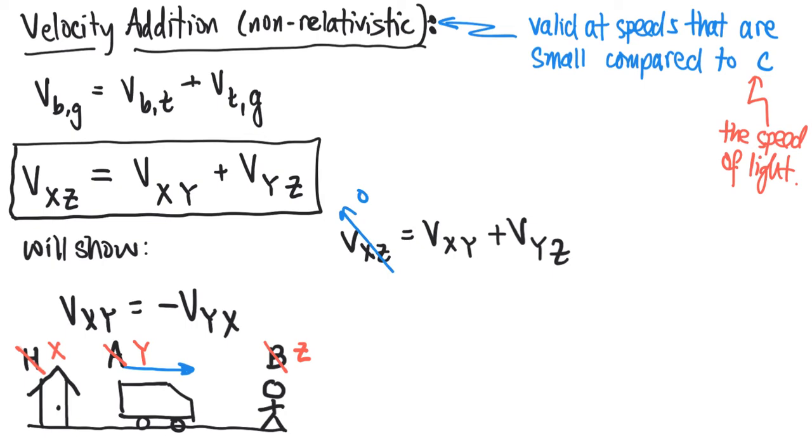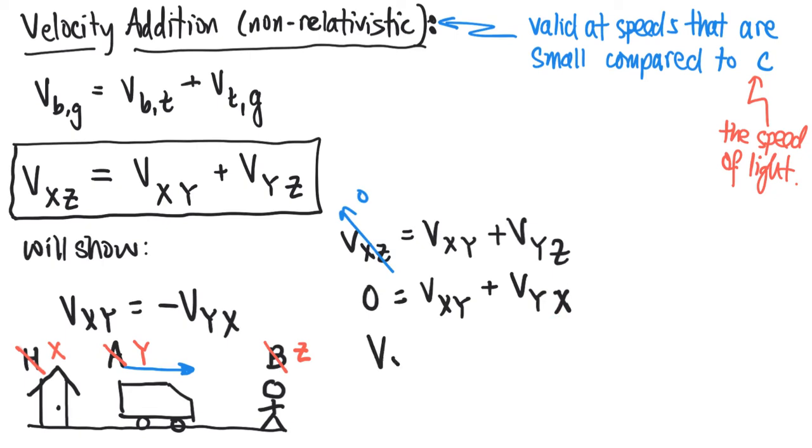Okay, so we have 0 equals Vxy plus Vyz, but remember the reference frame z is the same as the ground frame, which is also the same as the house frame. So we're allowed to swap out the reference frame z for the reference frame x because they are the same reference frame. So the velocity of the car relative to Bob is the same as the velocity of the car relative to the house. Okay, and that's basically the final step.